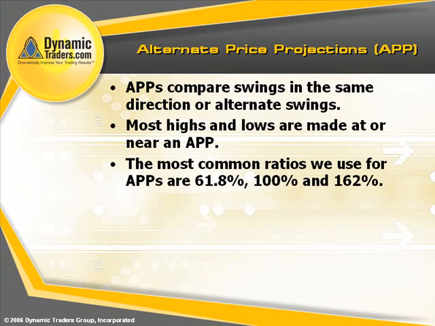So if this first retracement APP zone were taken out, then it would be around the 50% and 162 alternate price projection that we anticipate support. Now I'm just going to delete the 62% and the 78.6% because there are no alternate price projections near there. So let's add some data onto the chart in our training mode.